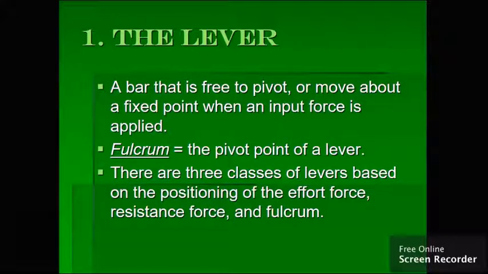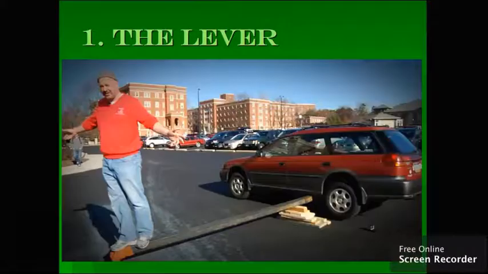The bar is the part of the lever that goes up and down, and it moves around a fixed point. That point is called the fulcrum. So in the picture, where the bar is sitting on top of the wood there, that's the fulcrum. So the bar on the left side goes down while the guy's standing on it. The bar on the right side goes up, and the fulcrum is the point that doesn't go up or down.